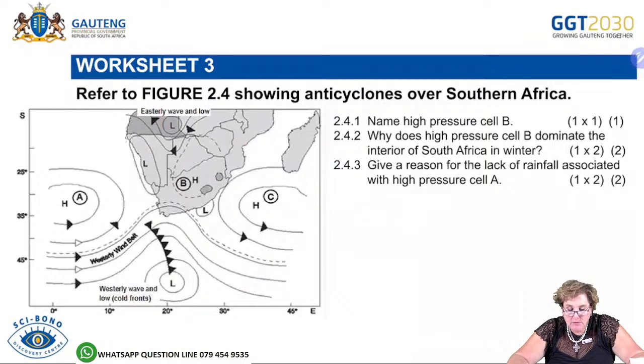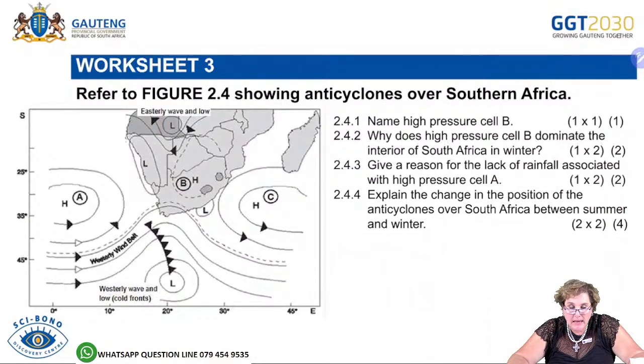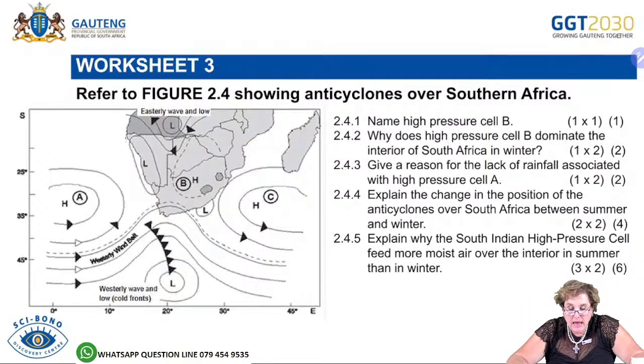Give a reason for the lack of rainfall associated with high pressure cell A. Explain the change in position of the anticyclones over South Africa between summer and winter. And 5. Explain why the South Indian high pressure cell feeds more moist air over the interior of South Africa.